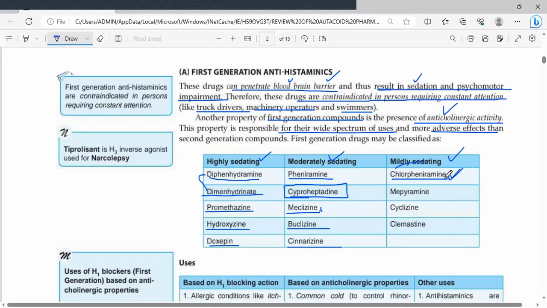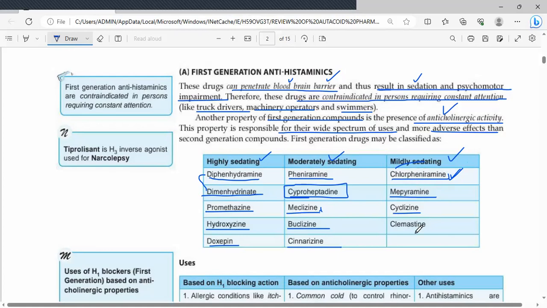You understand why it will induce sleep, because it is a first generation drug, so it can penetrate the blood-brain barrier, resulting in sedation. Then we have cyclizine, which like meclizine is a piperazine derivative. By the way, chlorpheniramine is an alkylamine.